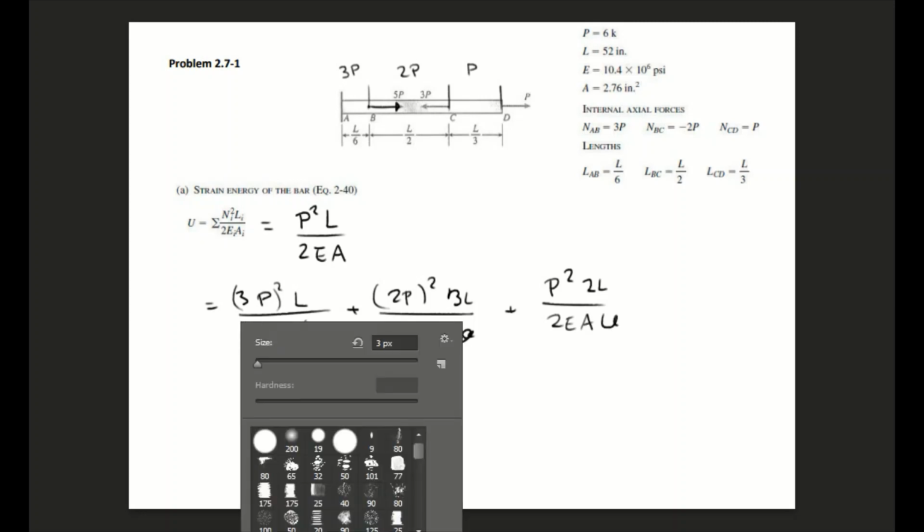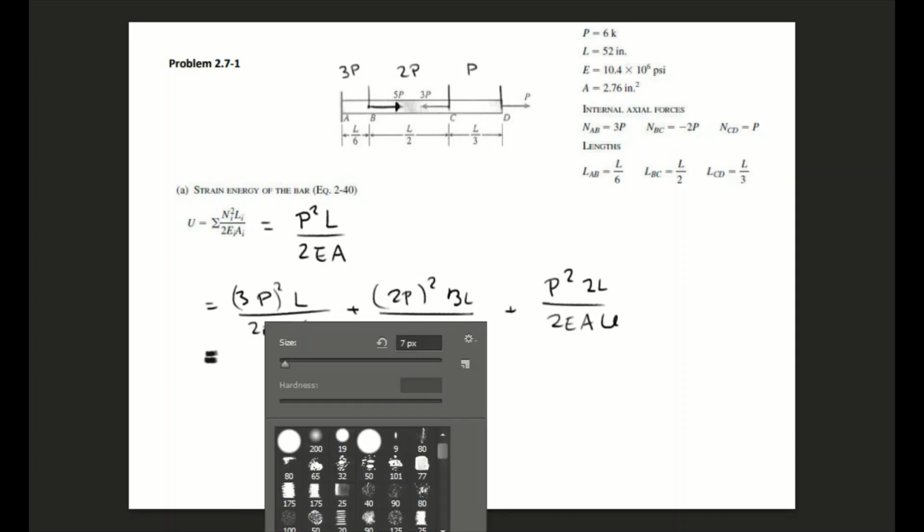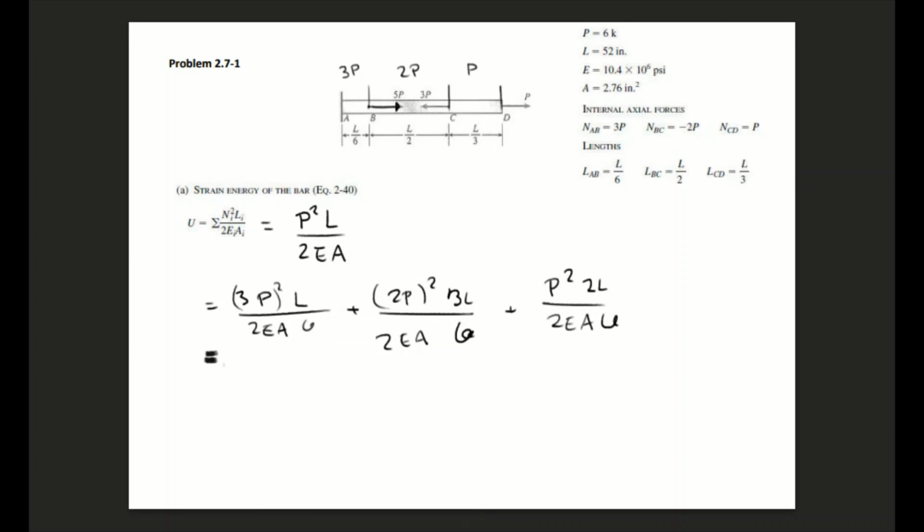And then if we go about simplifying that, we're going to get a 9P squared L over 12EA. I'm just going to write this real fast. 12P squared L over 12EA plus 2P squared L over 12EA.